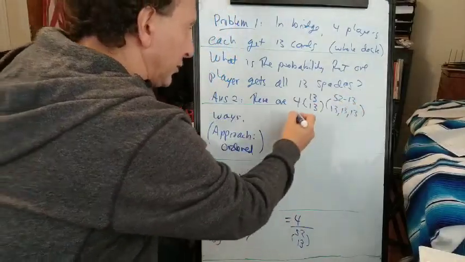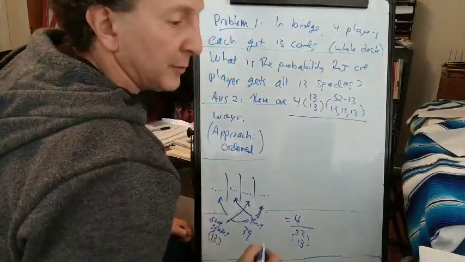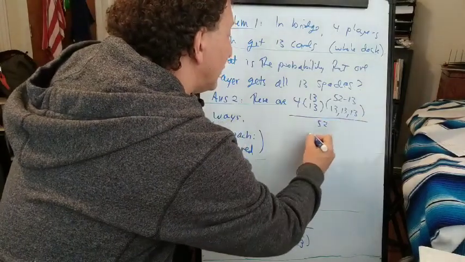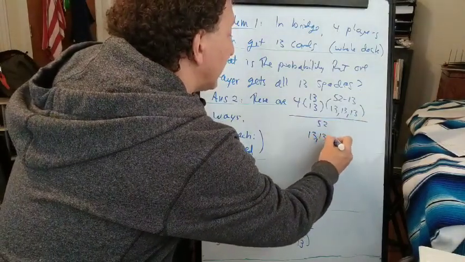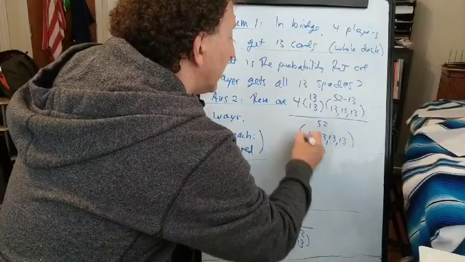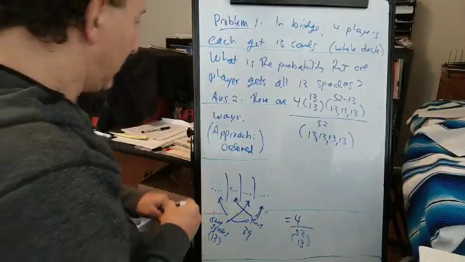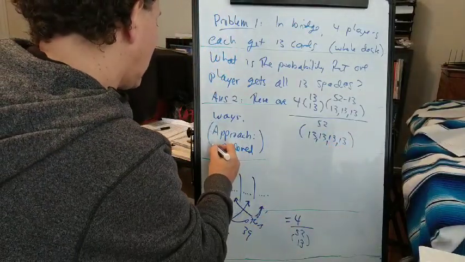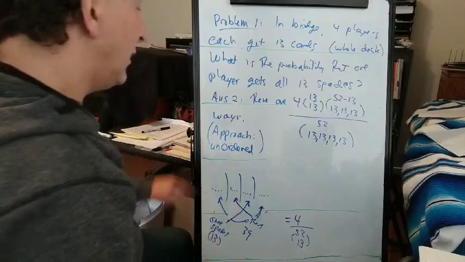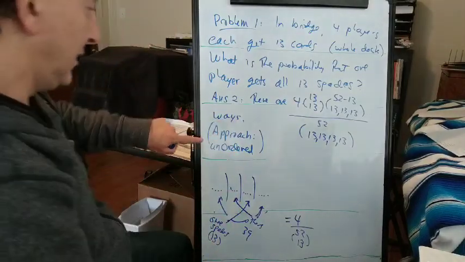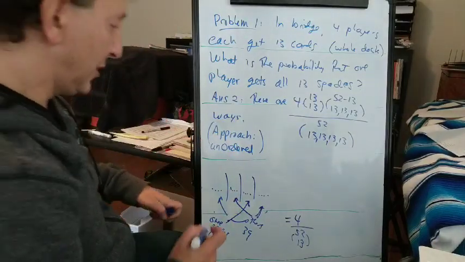So it's a multinomial coefficient, divided by 52 choose 13, 13, 13, 13. So there's this many ways, and now we'll do the unordered approach.